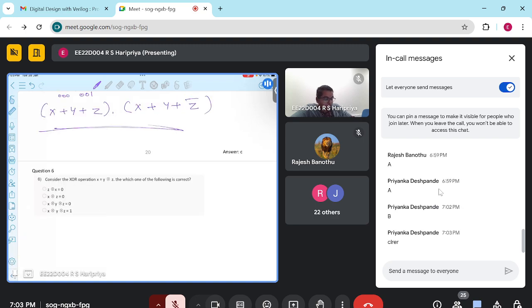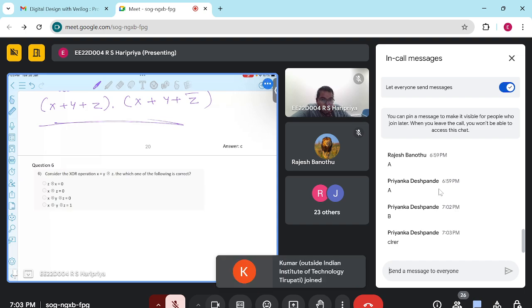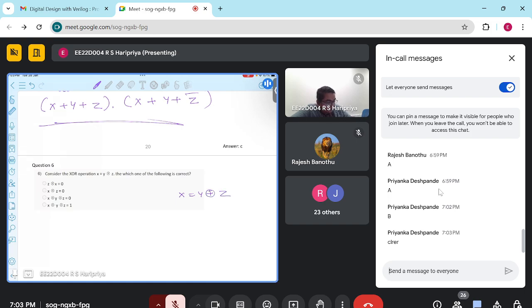Yeah. So the next question, consider the XOR operation. So x is equal to y XOR z. This is given. Next, z XOR x. Any doubts?